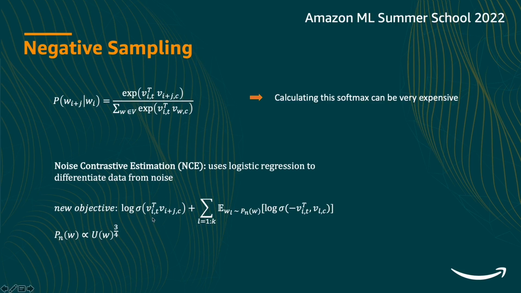For a given target word, whenever we have the actual context word, we want to predict the output as 1. This is called the positive sample because we are using the actual context word given the target word. But then we also need to give a negative example. So for a given target, we randomly sample some other word from our vocabulary as a negative example, and for a negative example we want to predict the output as 0. That's why we add a minus sign here.